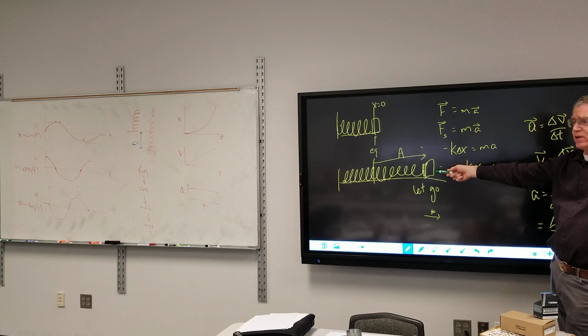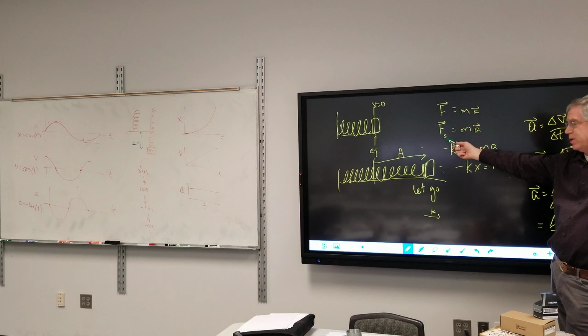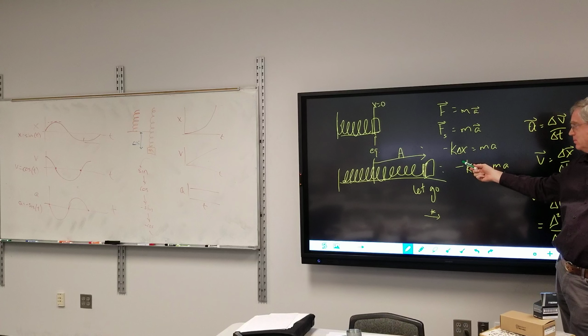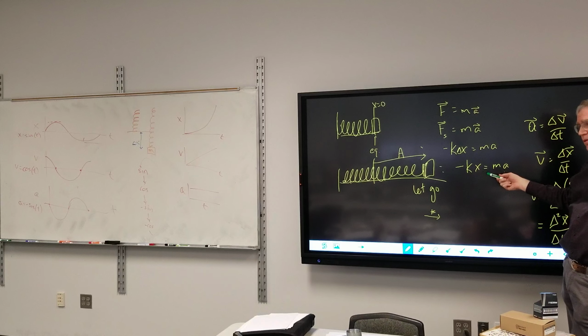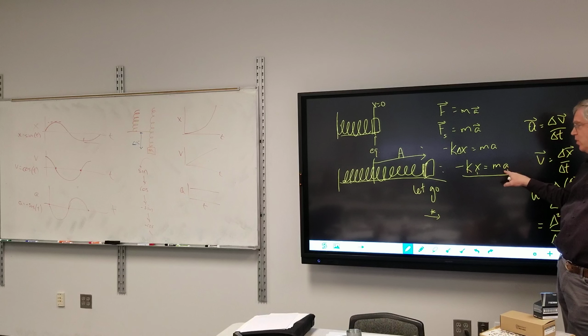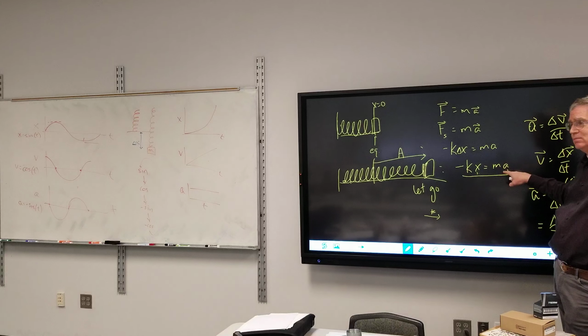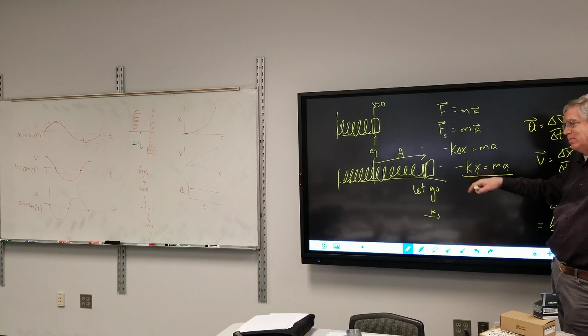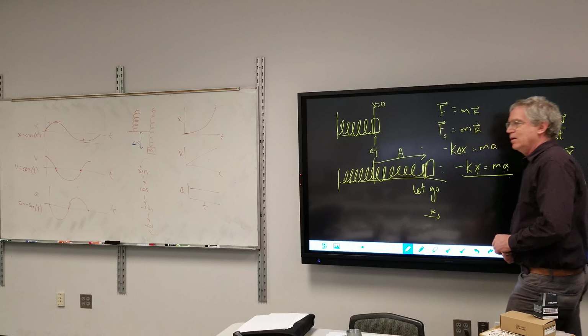The net force acting on this is the spring force, which is negative k delta x. I simplified it and just made that negative kx equal to mass times acceleration. The solution to this problem has to be some function so that, since this is the slope of this, I need some function that when I get the slope of the slope, I end up with a negative of what I started with. So if this is cosine, this better be negative cosine, because mass is a positive number, k is a positive number.